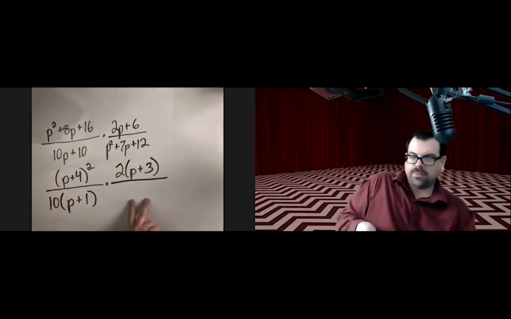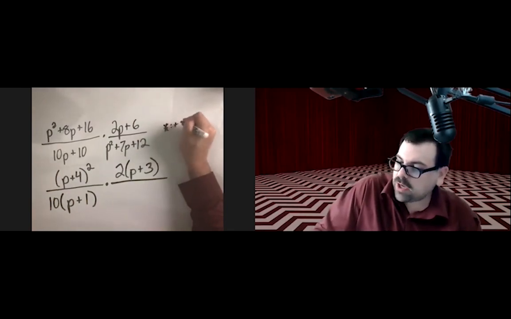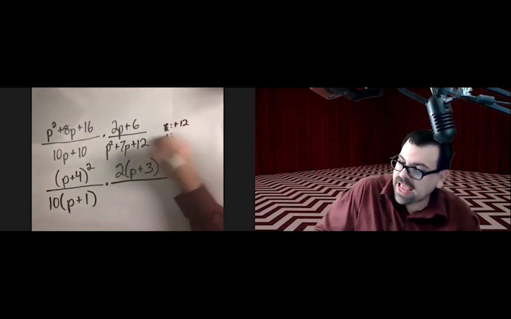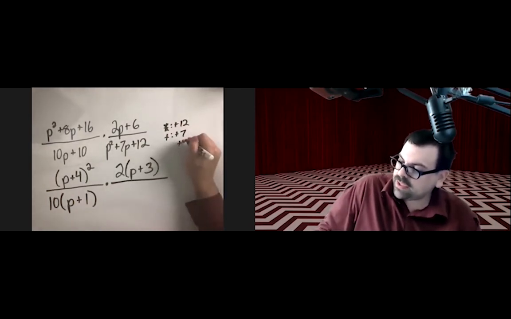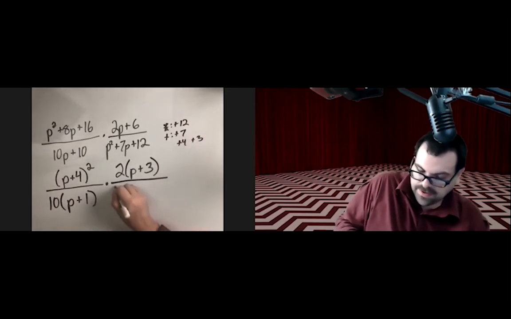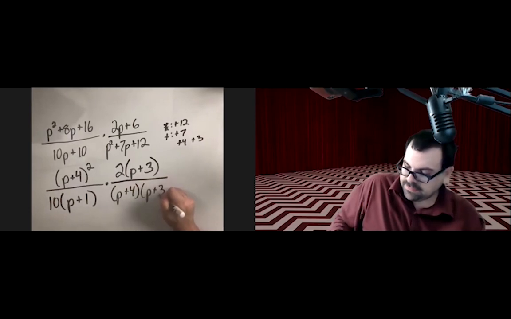Down here, bottom right, we need two numbers that multiply to give positive 12, that add to give positive 7. This is plus 4 and plus 3. P plus 4 times p plus 3.